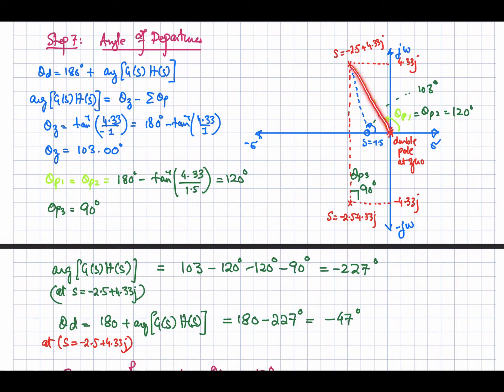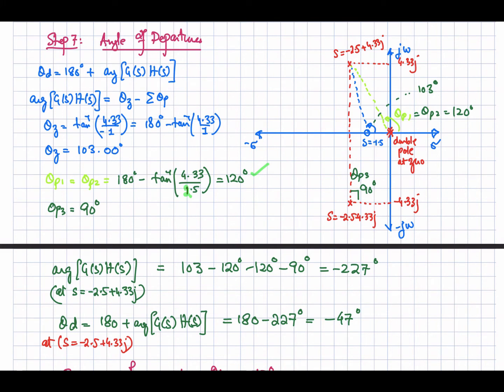In this triangle, this is not 1.5, this is 2.5, right? So 4.33 divided by 2.5, and we need to take this angle. If we consider this triangle, we will get this one, and if we subtract this angle from 180 degrees, you will get theta p1 and theta p2. So 180 degrees minus this one, with this 2.5, this will give us 120 degrees.